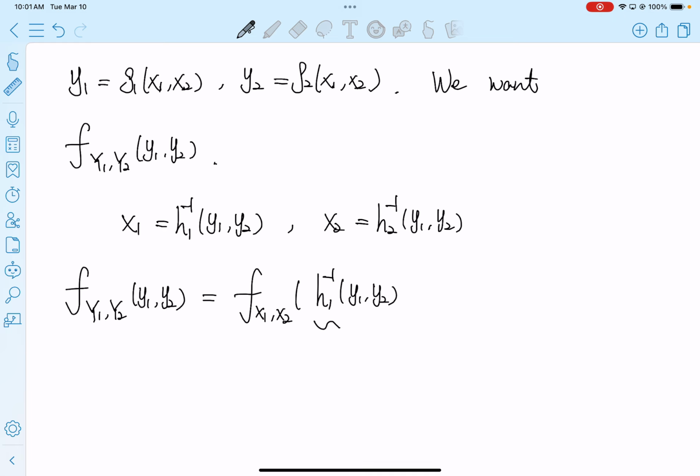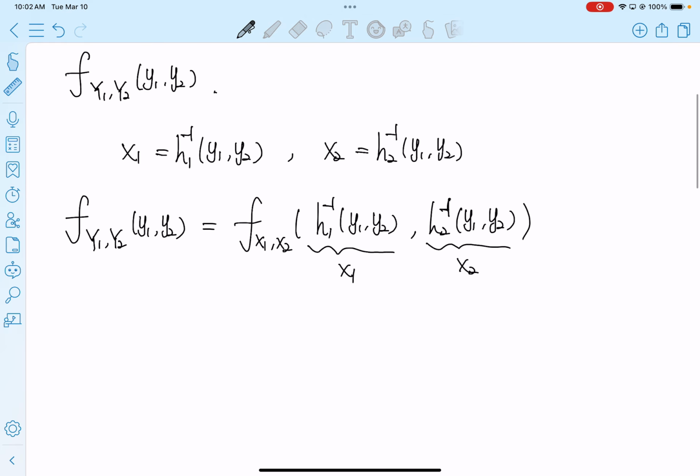Similarly, for x2, replace it by the inverse function that you obtained. So that's the first step.